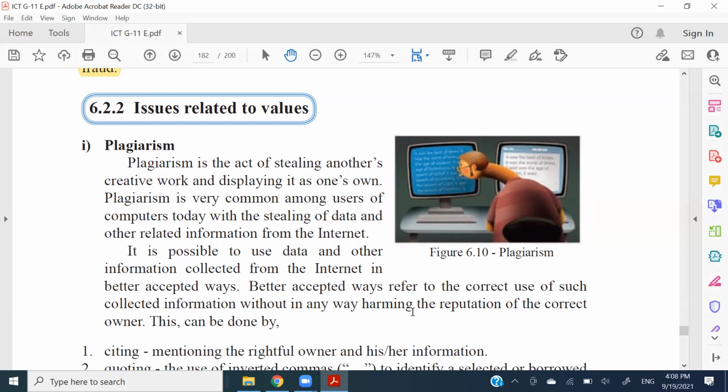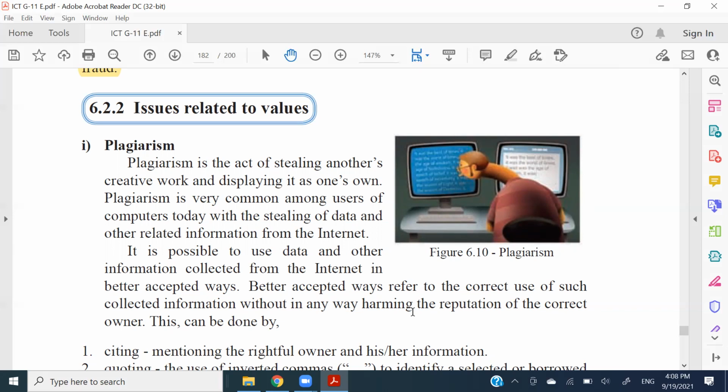It is not like we are using something which has intellectual property rights. This is about how, even though it is free stuff, we are just copying it and presenting it as our own work, which is a wrongful, unethical thing.